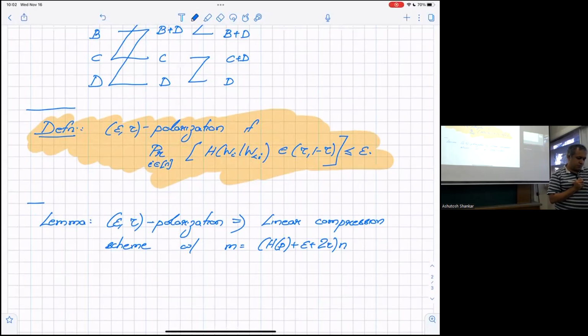M is going to be the target, which is the size of S.